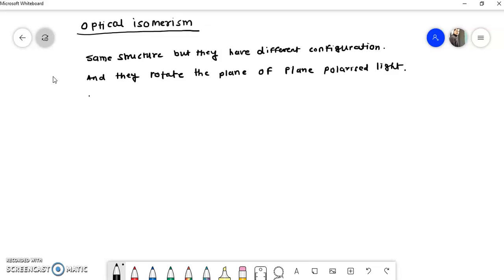So we can say that they are optically active. The compounds which rotate the plane of plane polarized light are called optically active compounds. We will see this phenomenon also.